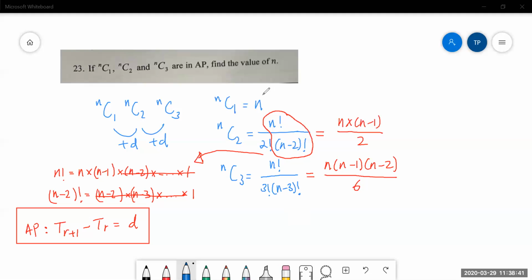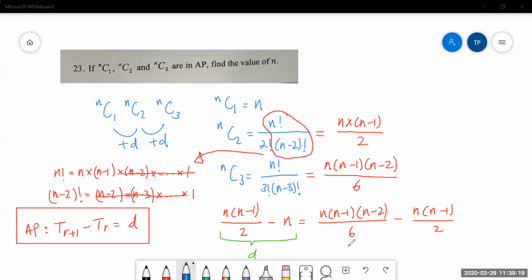Can, but the reason why I want to put it this way is because straight away I can express it as n times n minus 1 over 2 minus n equals n times n minus 1 times n minus 2 over 6 minus n times n minus 1 over 2. Agree? Yeah, agree, because this is equal to d, and this is equal to d. It's very clear.